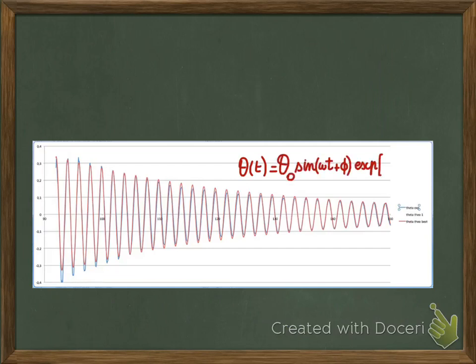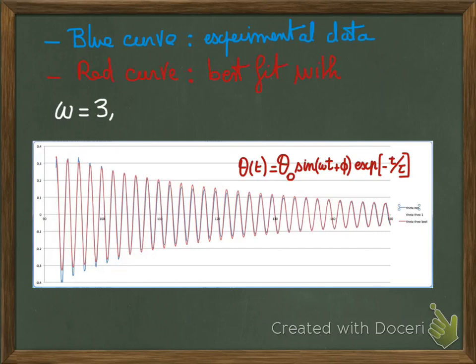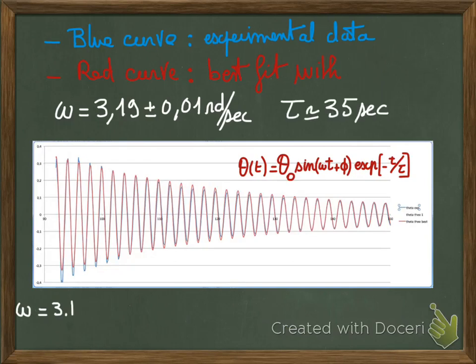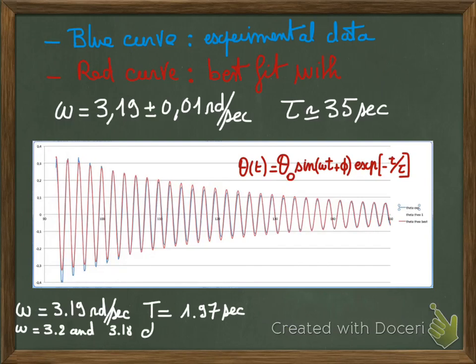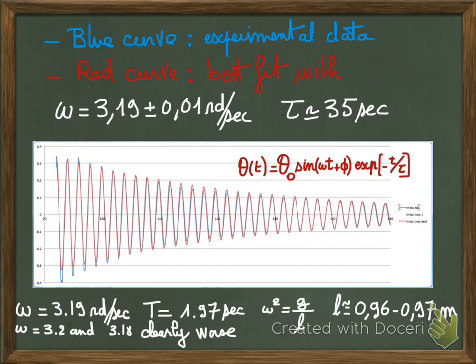Now on this curve we have both the blue curve that we had before, the experimental data, and a red curve that's the best fit with omega equal to 3.19 plus or minus 0.01 radian per second, and tau essentially equal to 35 seconds. If we change omega by 0.01, then we see that the fit is clearly worse.